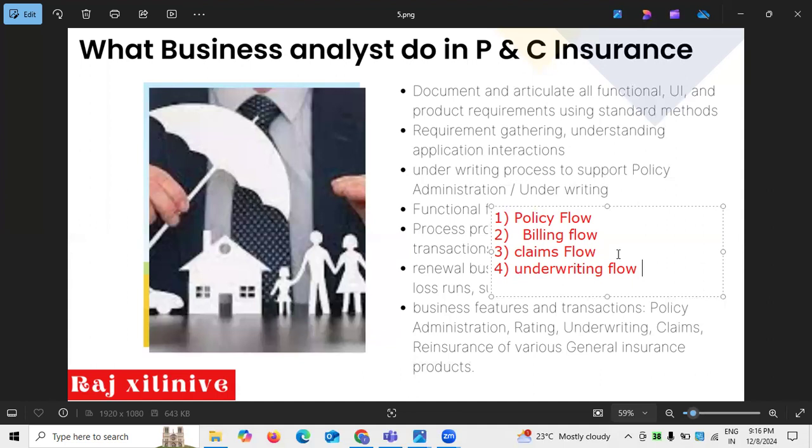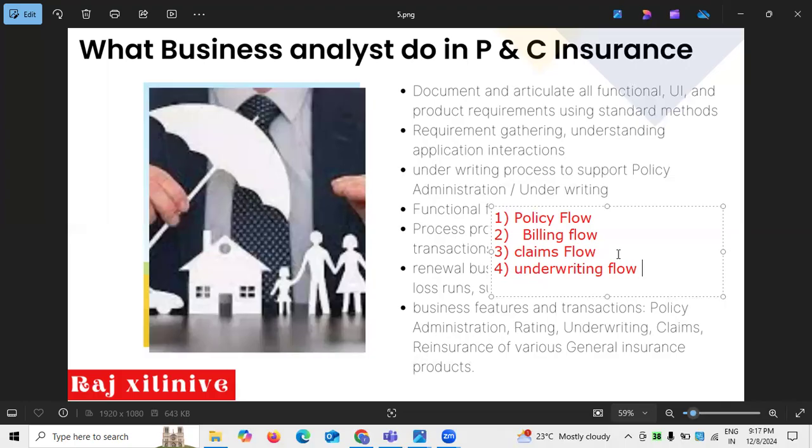Testing people can test the quality of the code written by the developers. But who should instruct what changes are required? That is where the domain knowledge or subject matter expertise is required for a business analyst.